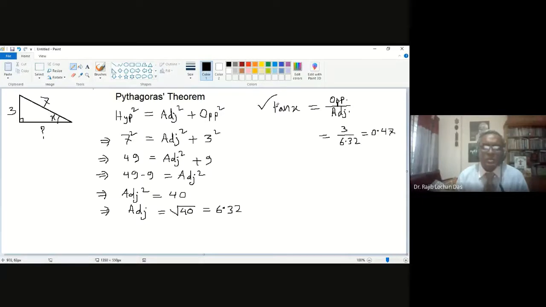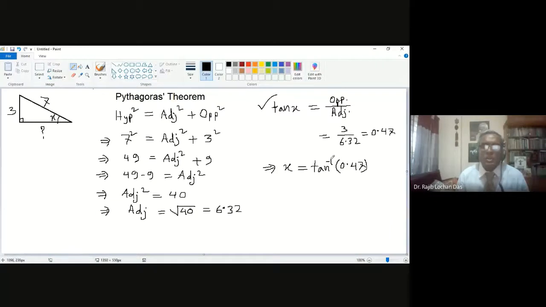Now the question is, if you know that tan x is this, then what will be x actually? x will be tan inverse of 0.47.